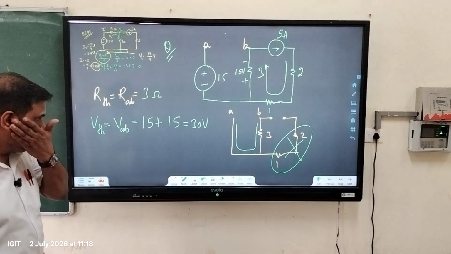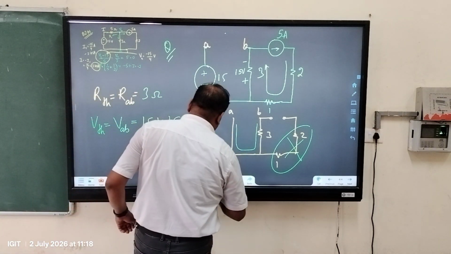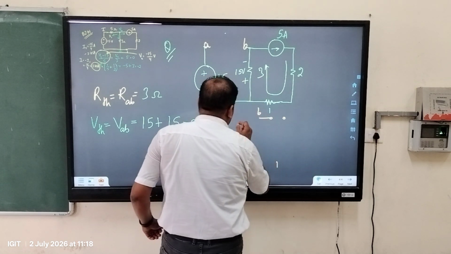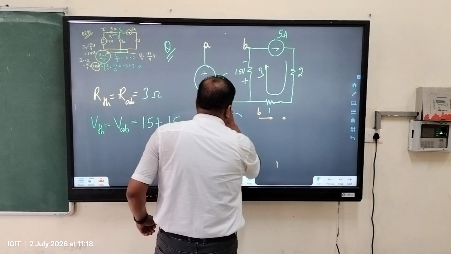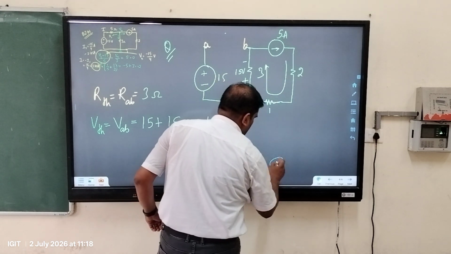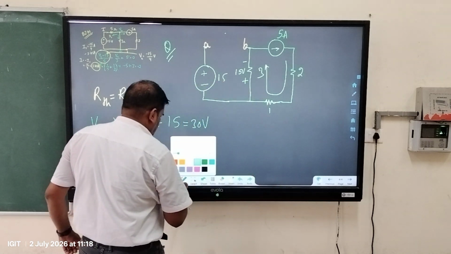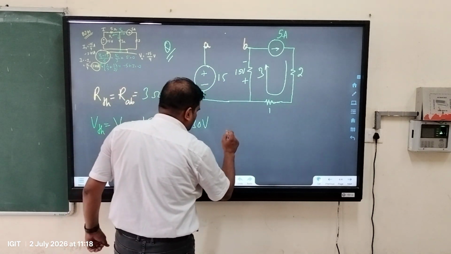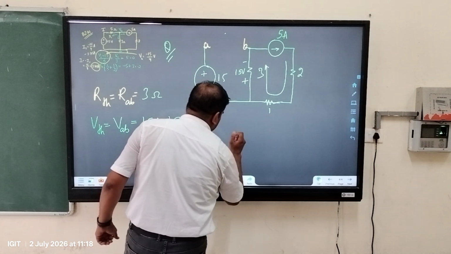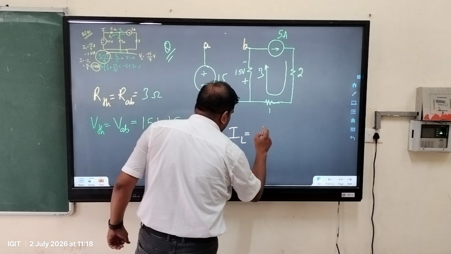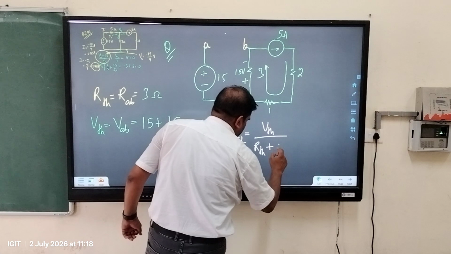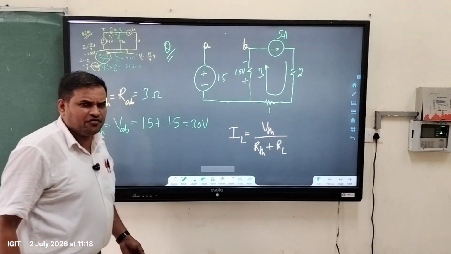Now what is the formula? You have to find out the value of the load current. The load current is equal to VTH divided by RTH plus RL. What is the value of VTH?